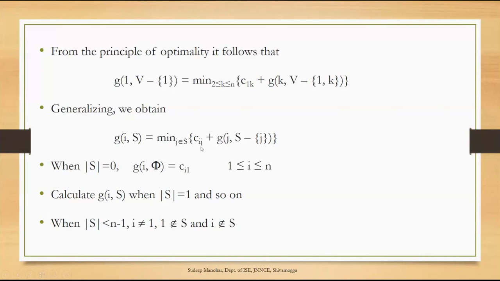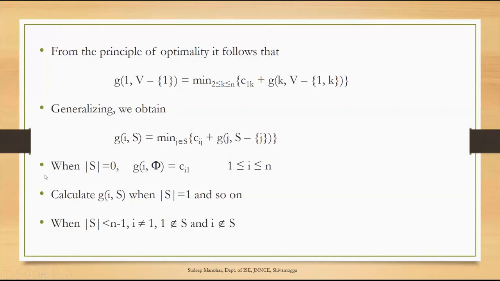C of I comma j, cost from I to j, where I is the starting vertex and j is the vertex you take from this set, plus g of j comma s minus j. Start from that vertex j. You have to remove this j from the set and whatever remaining vertices are there, from that once again you have to find the minimum length.